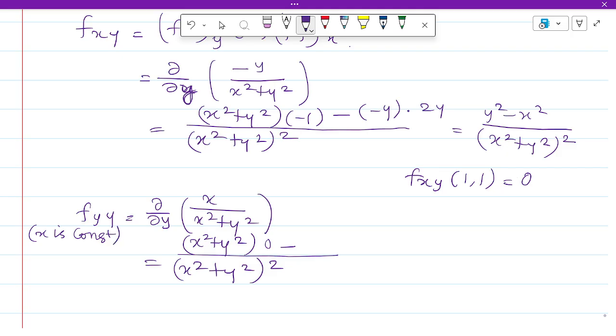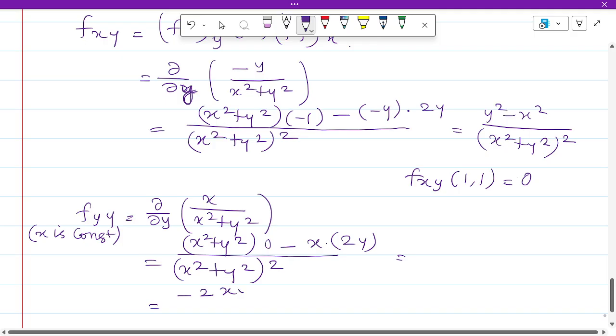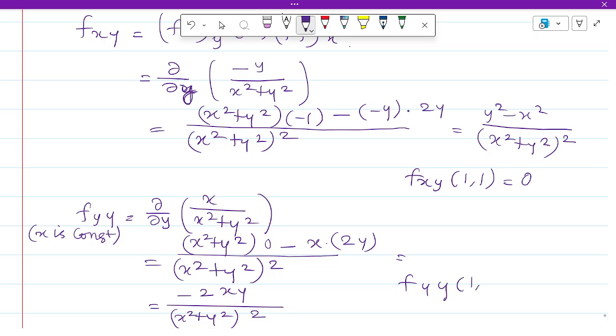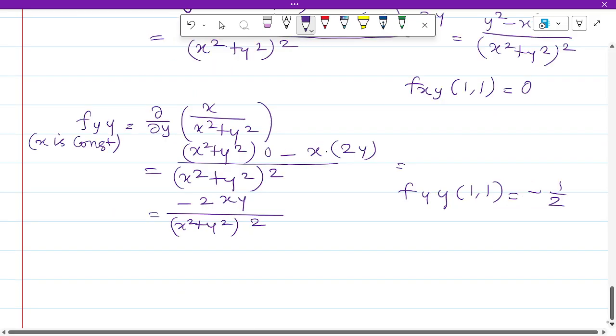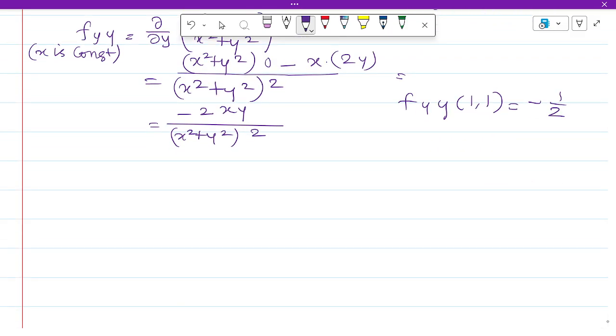Okay, minus, keep it x, differentiation of x square plus y square is 2y. Differentiation of x is 0 because differentiation of constant is 0. Differentiation of y square is 2y. Therefore you will get minus 2xy divided by x square plus y square whole square. So therefore what is fyy of 1 comma 1, you are substituting that, you will get minus 1 by 2.